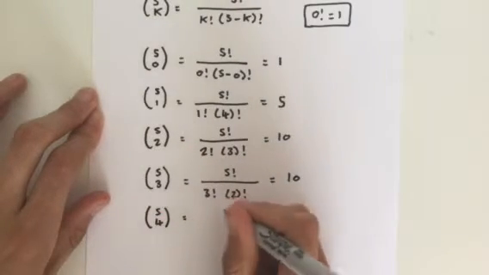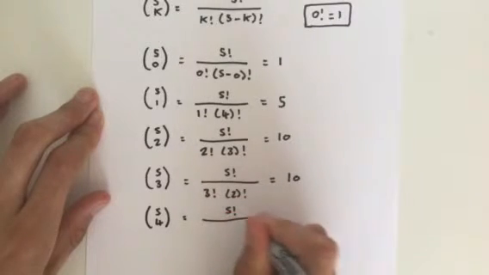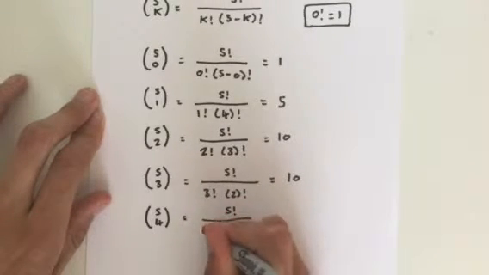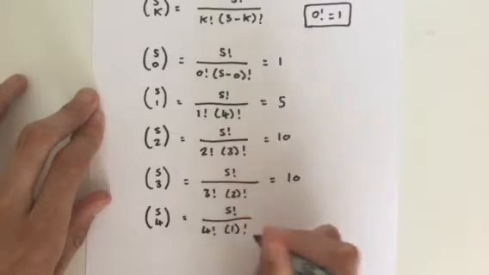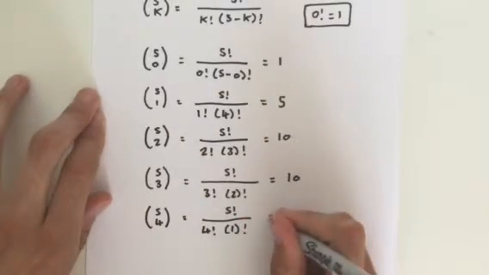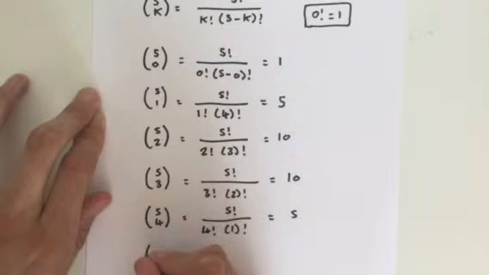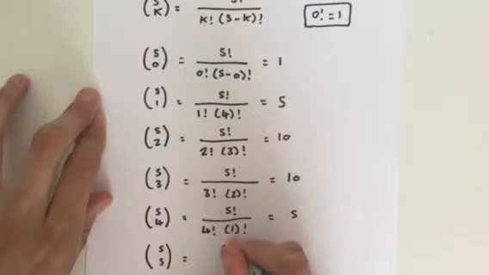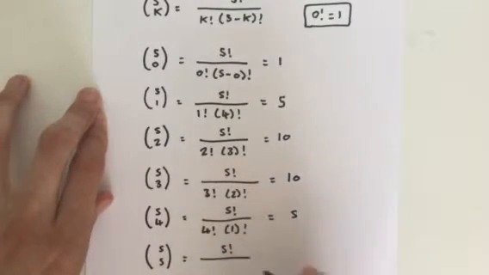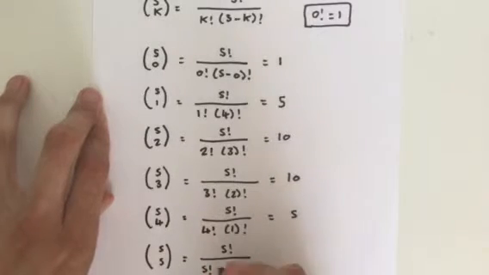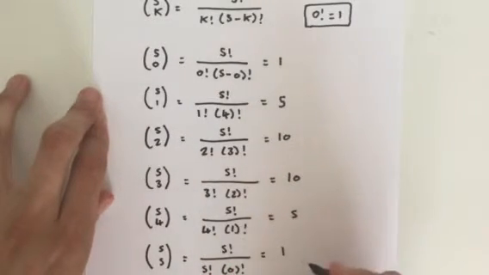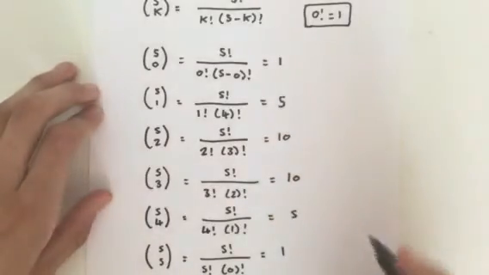This is going to equal 5 factorial divided by 4 factorial times 1 factorial, and this is equal to 5. So we can see a pattern here, and I'm going to guess that the last one, 5 choose 5, is going to equal 5 factorial divided by 5 factorial times 0 factorial, which is 1. Therefore this is going to equal 1. So we've got a nice pattern there.